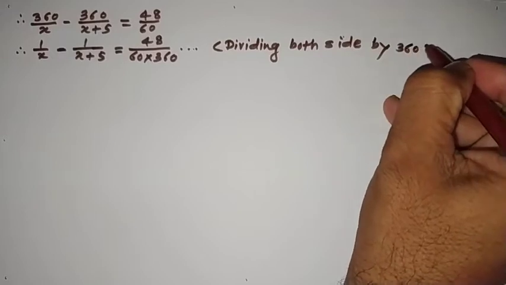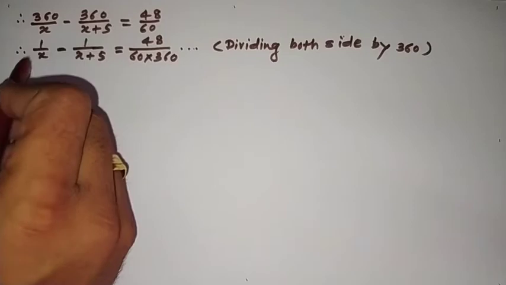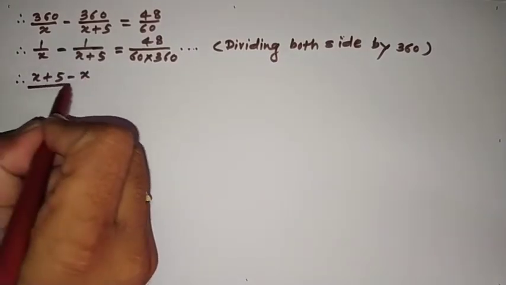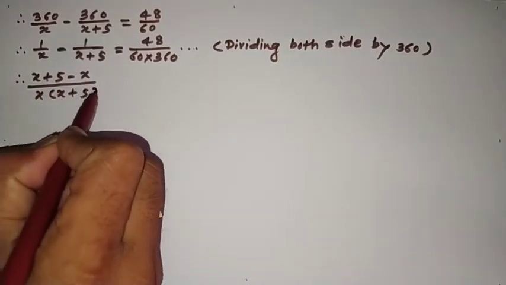Here, x plus 5 minus x upon the multiplication of the denominators, x upon x plus 5.